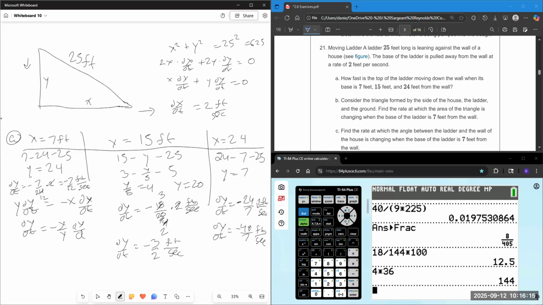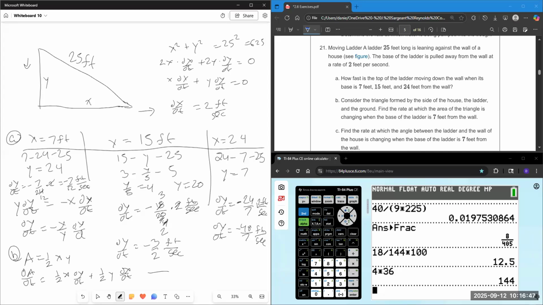So in part B, A is equal to 1/2 base times height, and call that x times y, and then dA/dt is equal to 1/2 x dy/dt plus 1/2 y dx/dt.